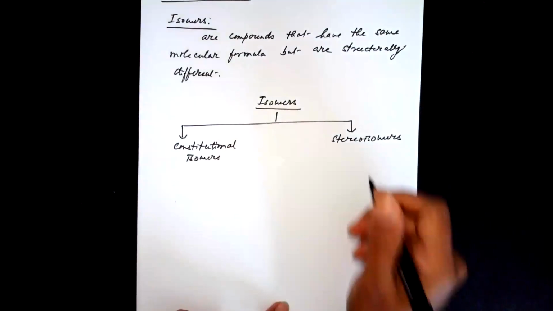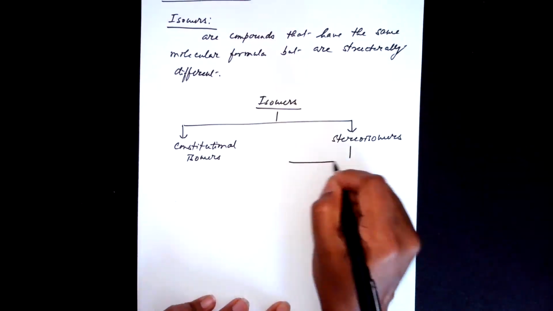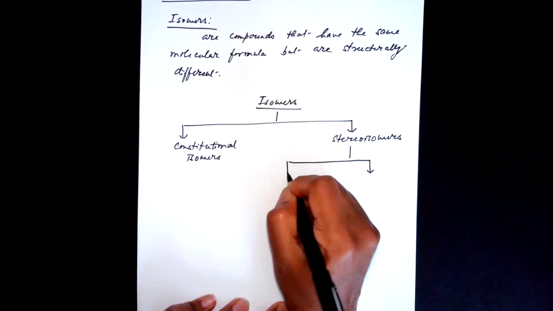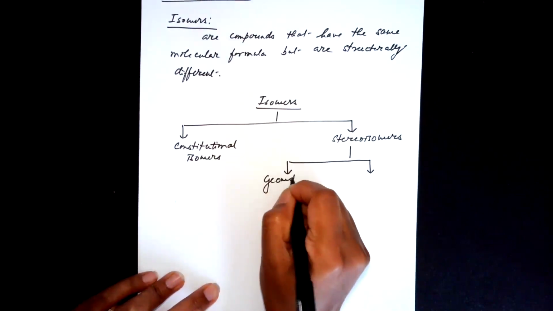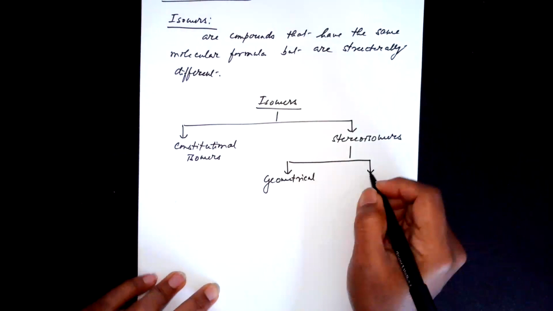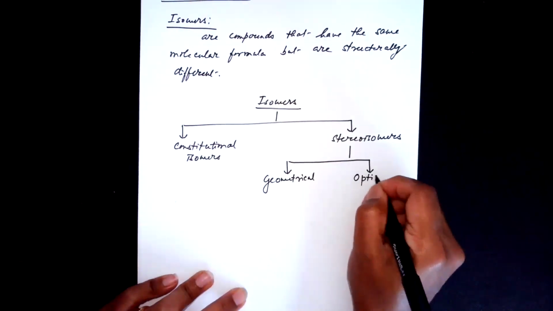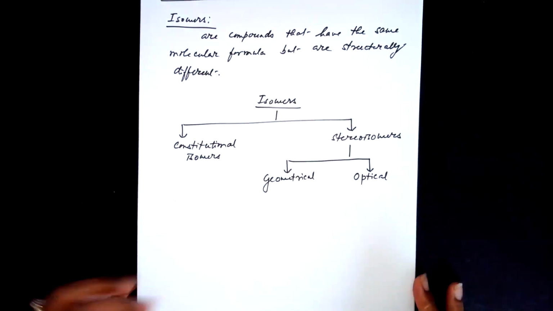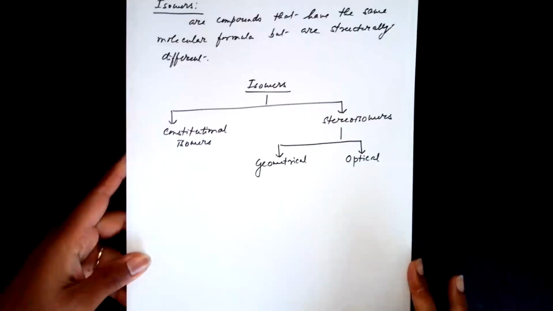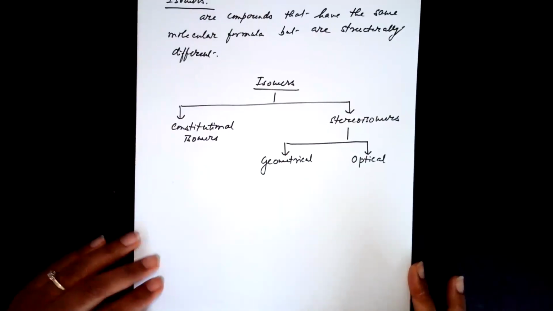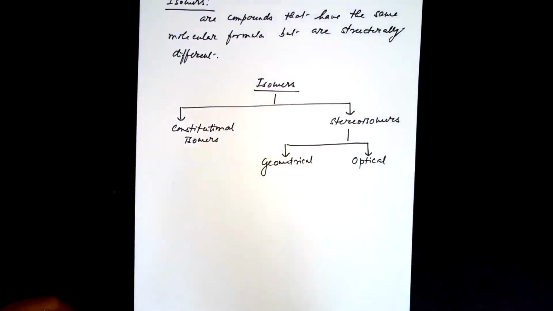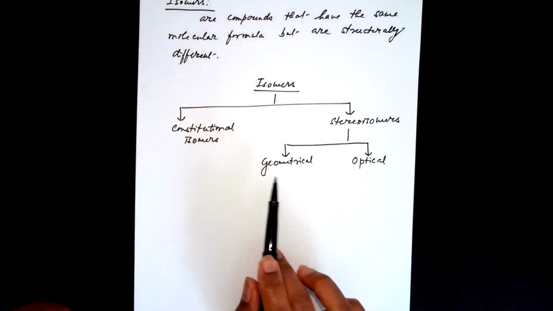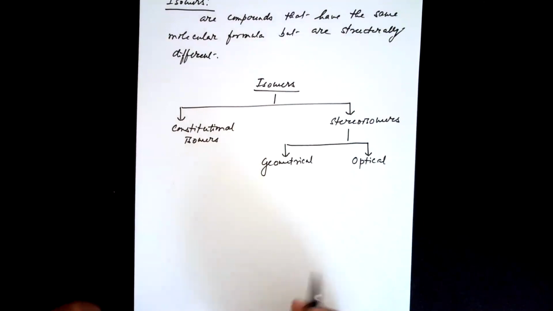Stereoisomers can again further be classified into geometrical isomers and optical isomers. Optical isomers is a pretty big chapter that I would like to break down into shorter concepts and do multiple videos on it on a later day. But today I would like to concentrate on geometrical isomers.